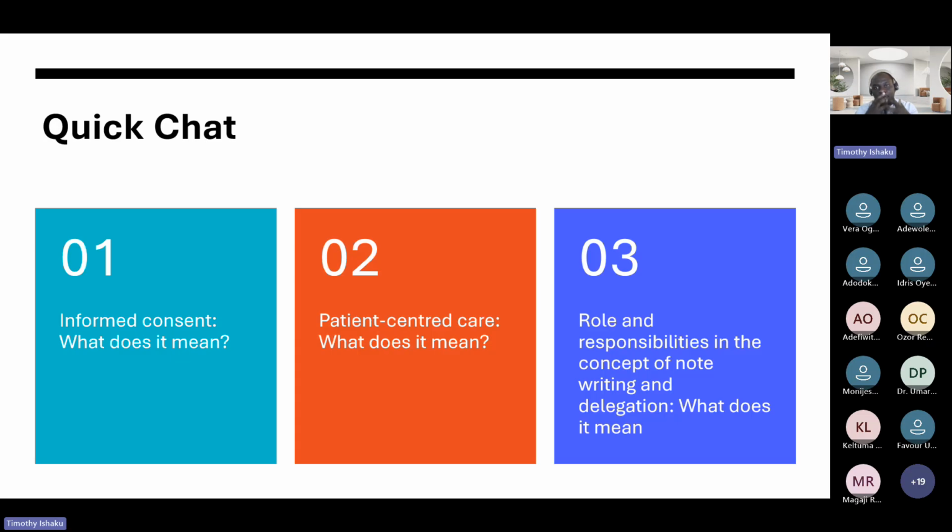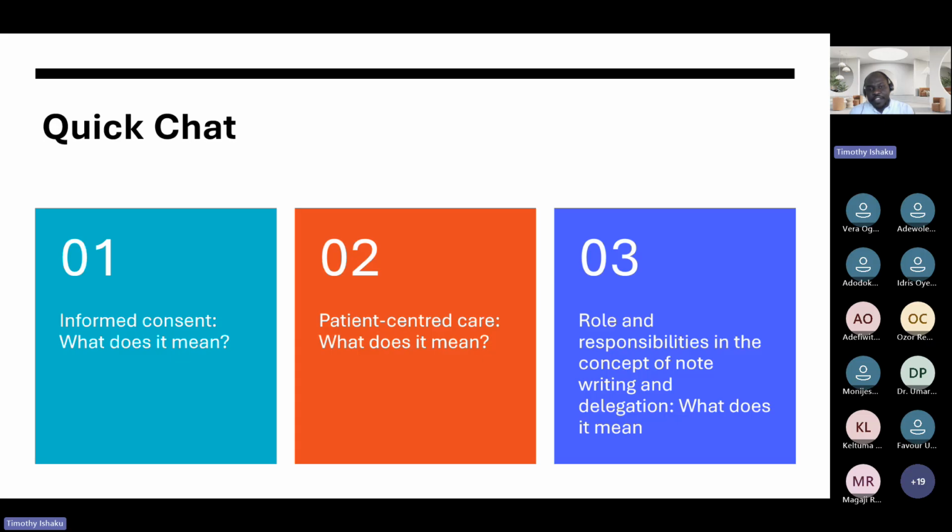And if they lose that capacity, before they lose it, if they have somebody they have given that power of attorney for health and social care, that person will act in their best interest in all their healthcare decisions, even though they are conscious, even though they can speak. But of course, you always speak with the patient, and most of the time it's around the interests and preferences of the patient.